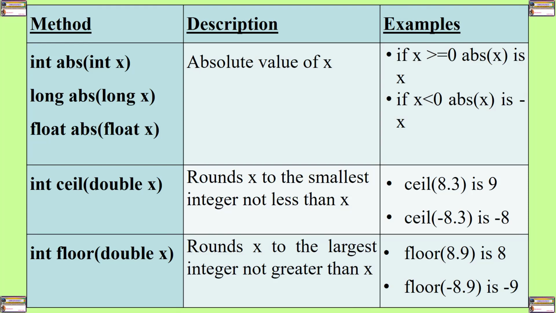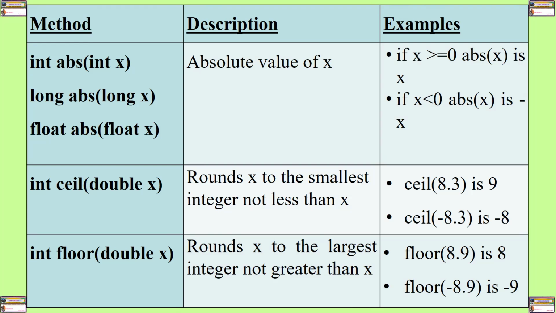And therefore, these methods can be declared using statements like int abs(int x), long abs(long x), float abs(float x). So in other words, you can compute absolute values for integers or real numbers, large numbers, or numbers which have decimal points.